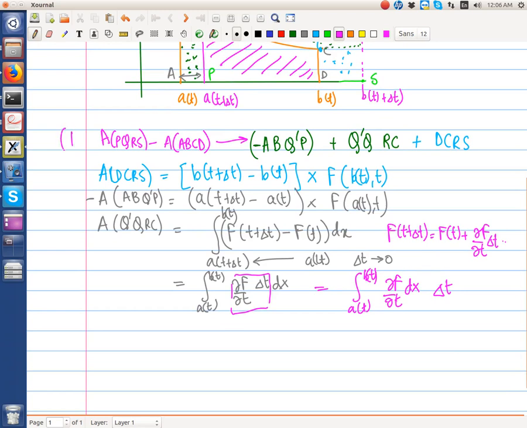So using equations 1, 2, 3 and 4, the change in area is equal to this term minus this term plus this term.